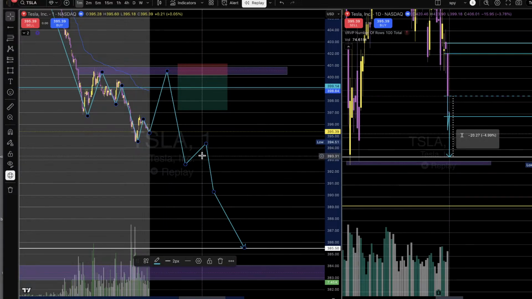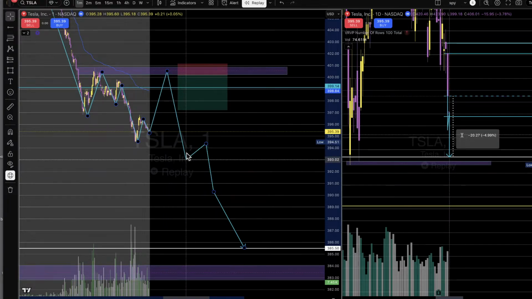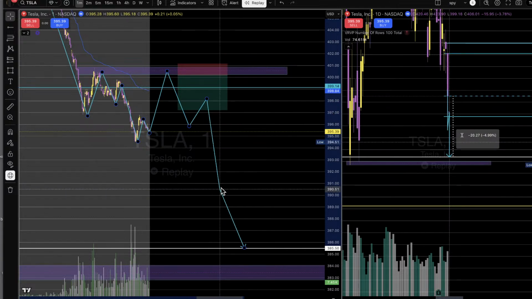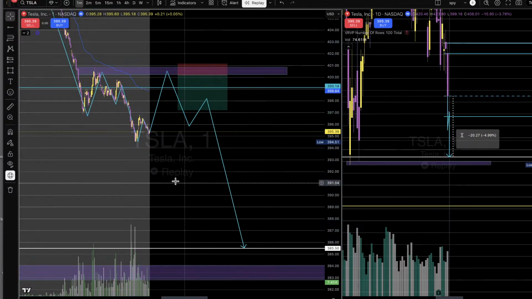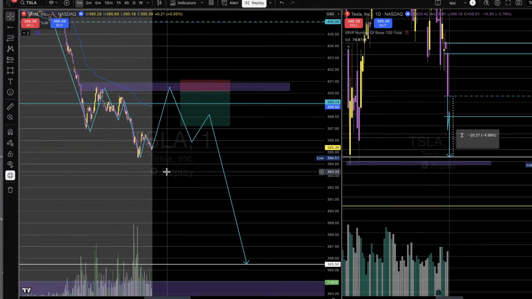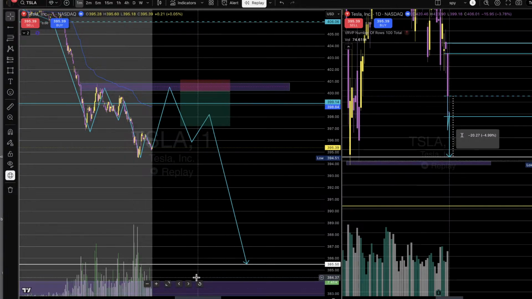Yeah, so it's going to chop around for a bit before eventually making its way down. I wouldn't go for closing the gap. I would go instead for reaching this liquidity zone and see what happens. Watch.